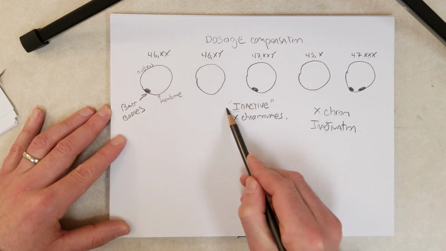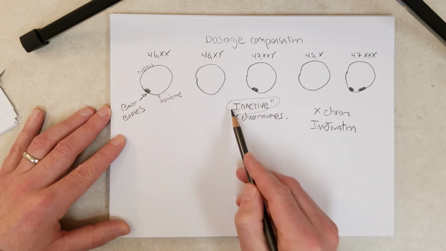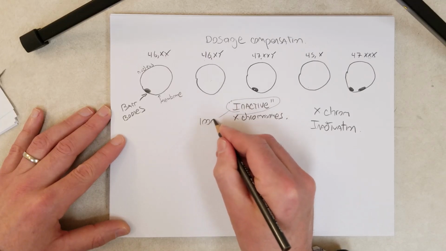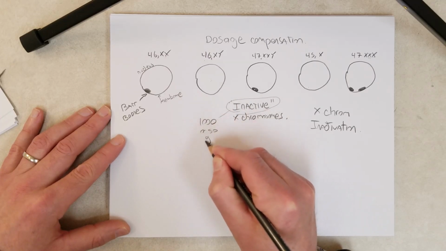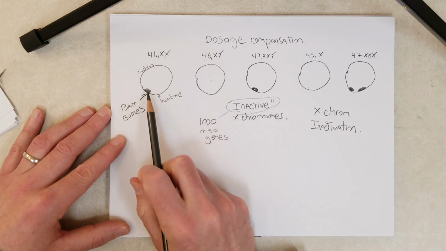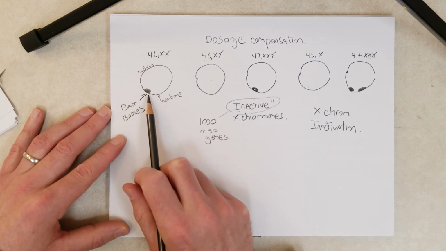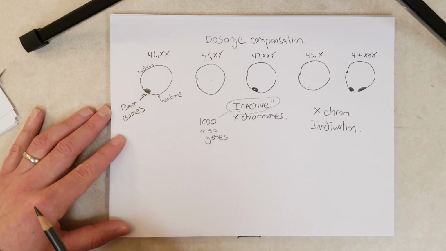And this inactivation refers to most of the 1,000 or so genes. Most of them are inactive. We'll see towards the end of this video that it's important that at least one of them remains highly active. But for the most part, most of the genes are thought to be transcriptionally silent.